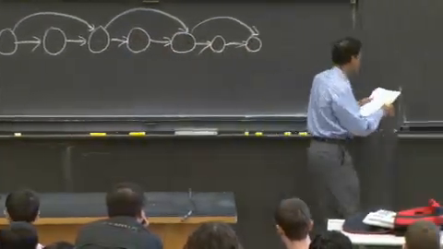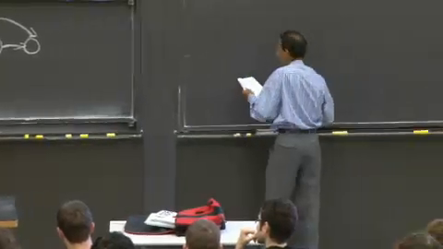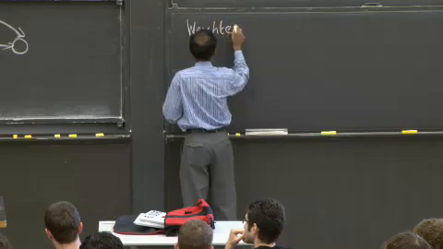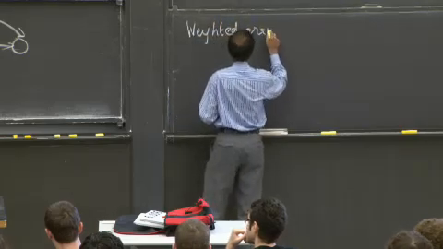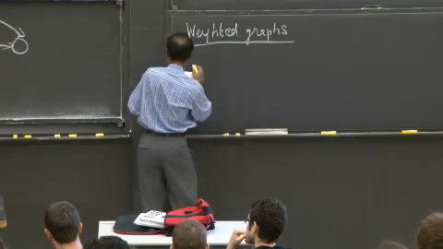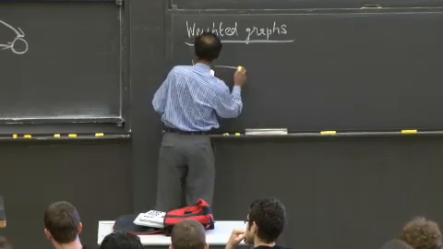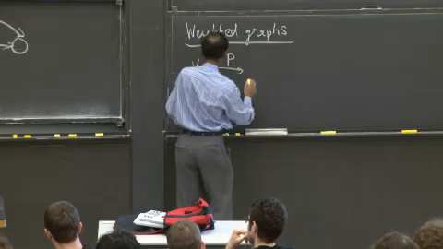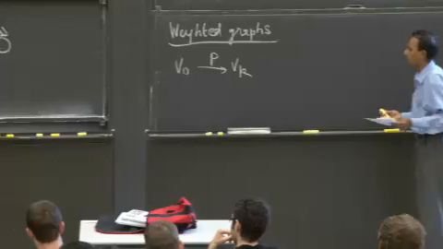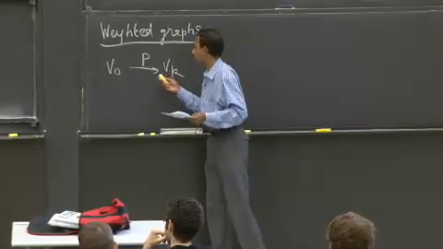Let's talk a little bit more about weighted graphs. I want a little bit more notation. What I have is V0 using path P to Vk. So I'm going to write that to say that there's a particular path from V0 to Vk.